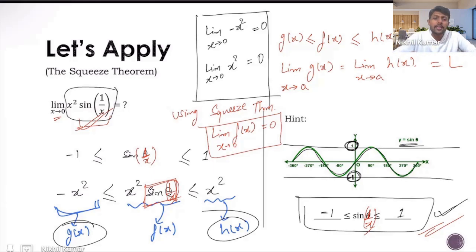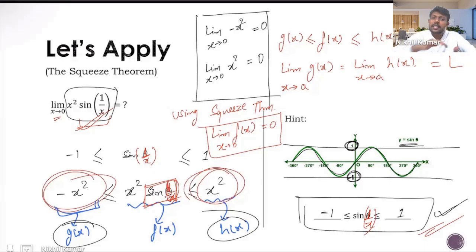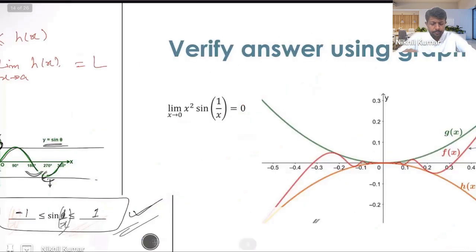Let's verify our answers using graphs. Remember this part though, that the function given to us is sandwiched between minus x square and plus x square. Can you tell me how the graph of y equal to minus x square will look like? Think. While you are at it, also think how the graph of x square looks like. We all know that these are going to be parabolas.